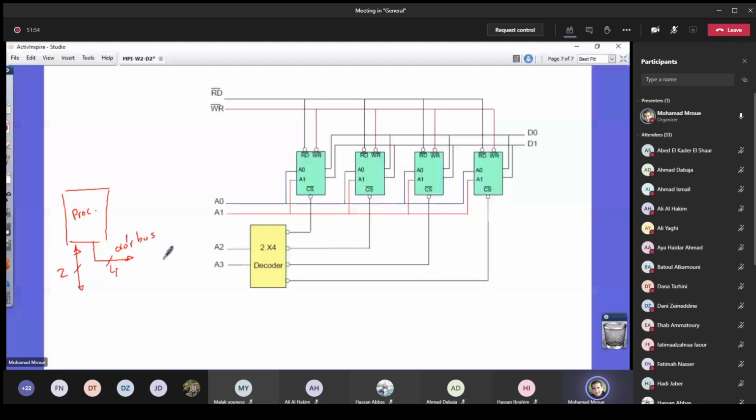The address is on 4 bits, so how many locations can we manage with 4 bits? We have 2 power 4, which means 16. So here we have 4 memories, each with 4 locations.